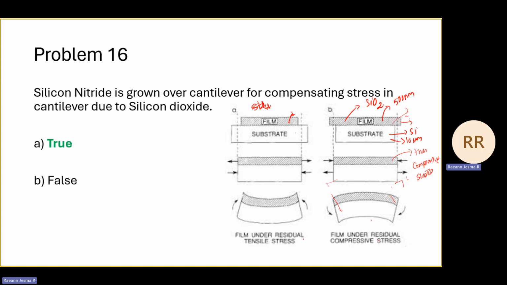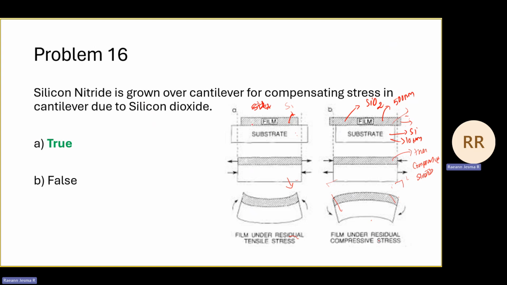If there is residual tensile stress, as in the case of silicon nitride, we have residual tensile stress after deposition. This is because the coefficient of thermal expansion for silicon nitride is much higher than that of silicon. So the film is being stretched. The film doesn't want to be stretched, but it is, because the substrate has a different coefficient of thermal expansion.